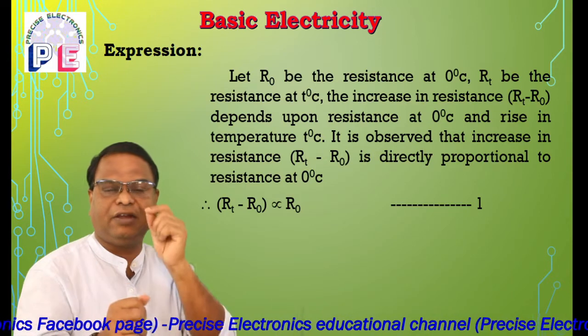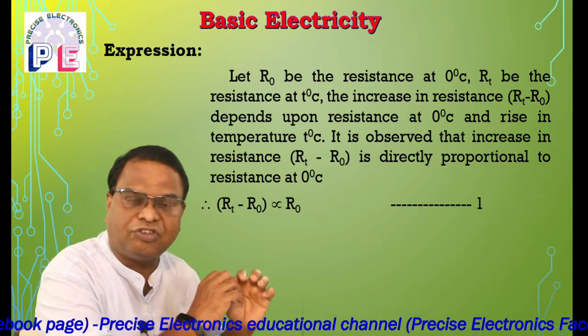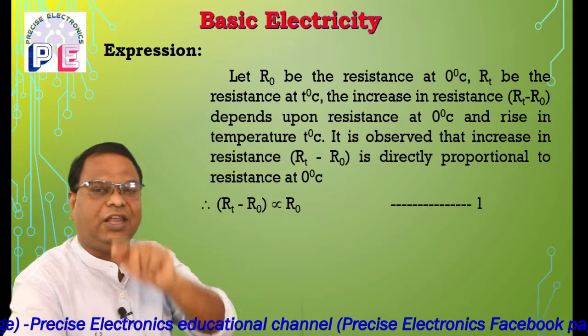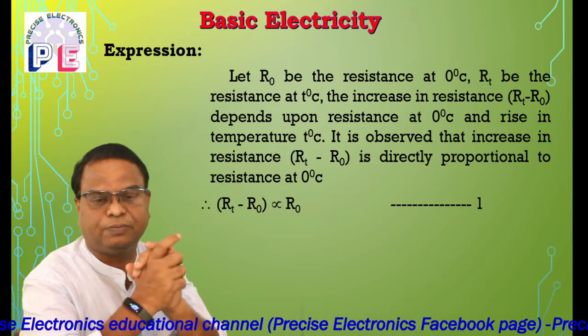So RT minus R0 is directly proportional to R0. That is our equation number 1, displayed on your screen.